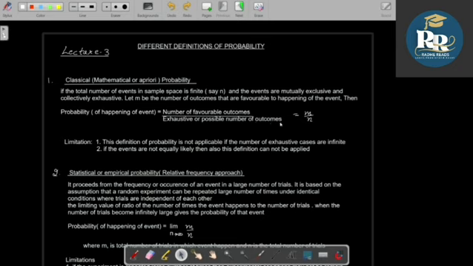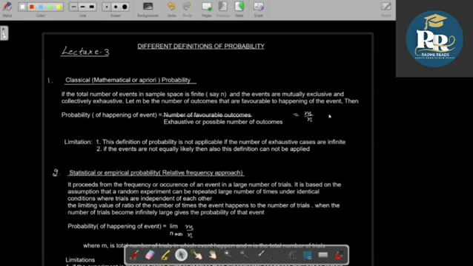So the probability of happening of the event is given by the number of favorable outcomes divided by the total number of possible outcomes. That means if I take the number of favorable outcomes to be m and the number of possible outcomes to be n, then the probability of happening of the event is m by n.